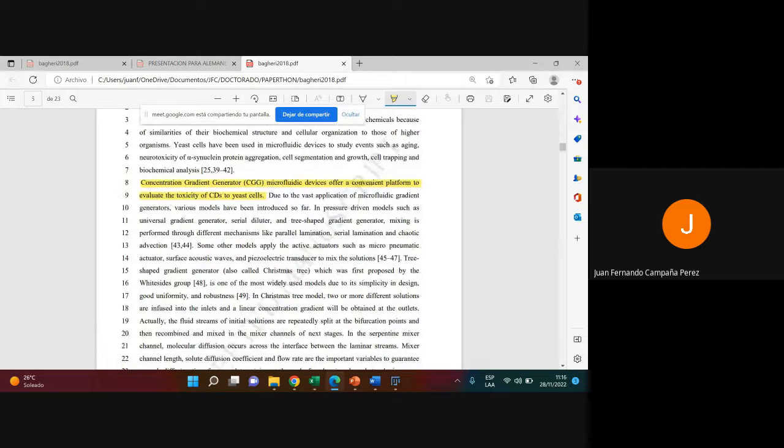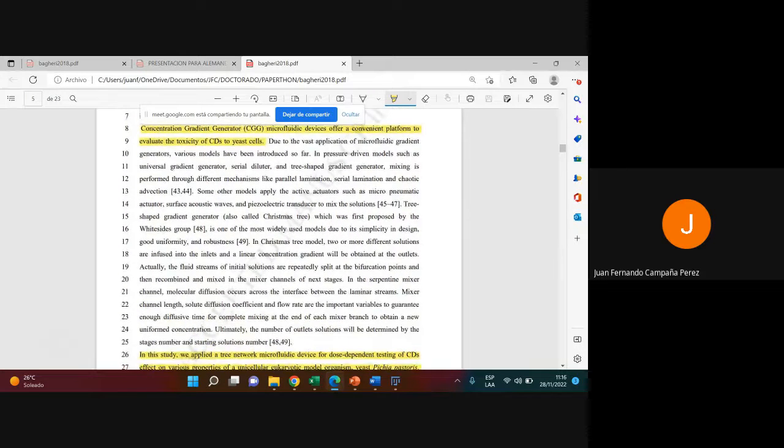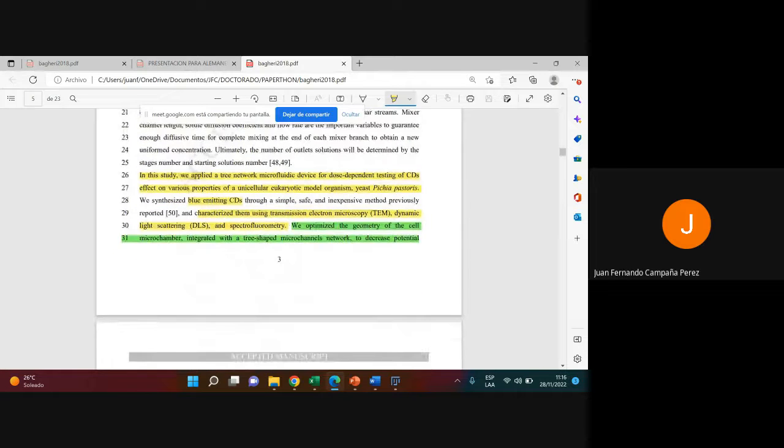The concentration gradient generator that they call CGG is a microfluidic device that offers a convenient platform to evaluate the toxicity of the carbon dots in the cells.